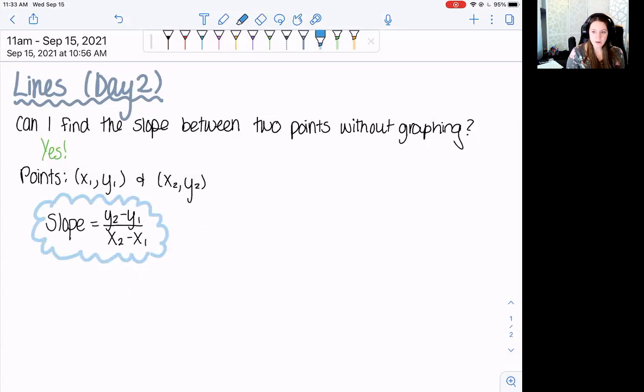This is actually just rise and run. So y2 minus y1, that's the change in y values, that's the rise.